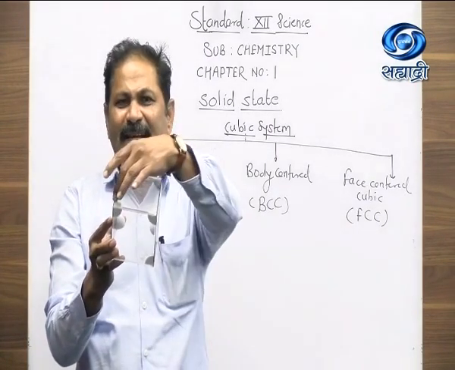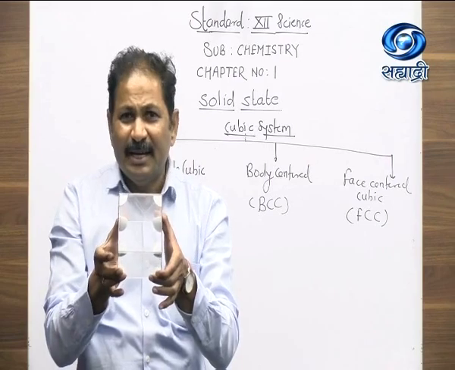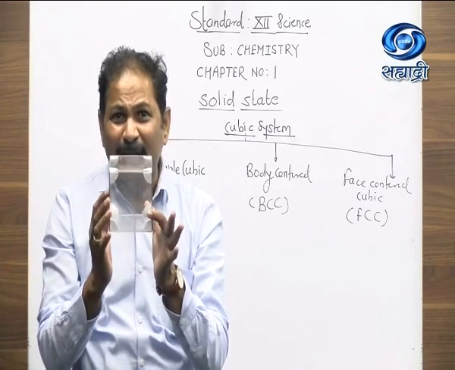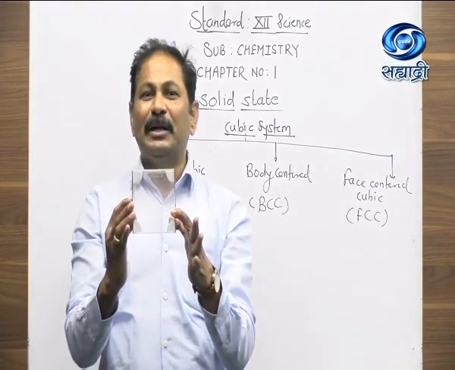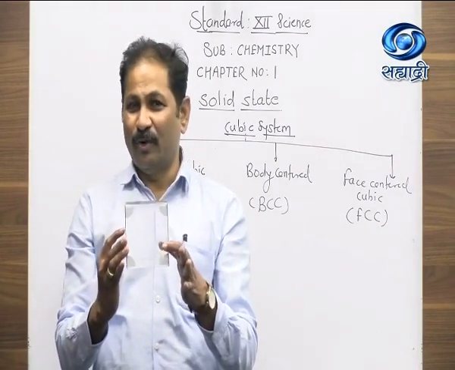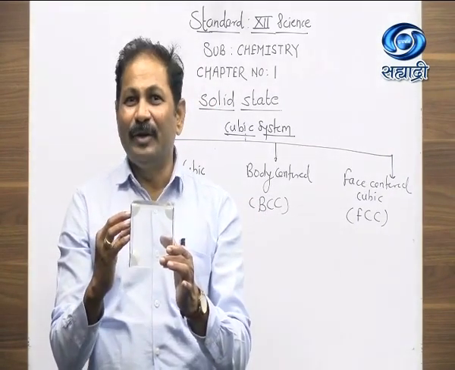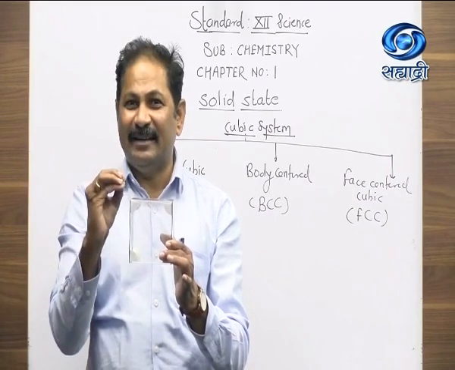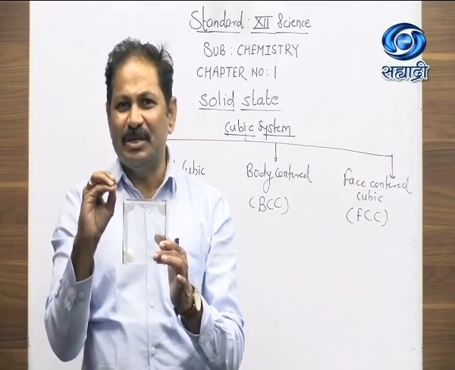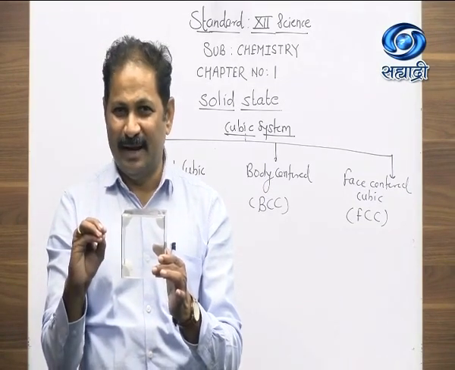That means spheres are present at the 8 corners of this cube. If 8 lattice points are present at the corners of the cube, that is called a simple cubic or primitive cubic system. So what do we mean by a simple cubic or primitive cubic system? The cubic system in which 8 lattice points are present at the corners of the cube is called a simple cubic system or primitive cubic system, right?